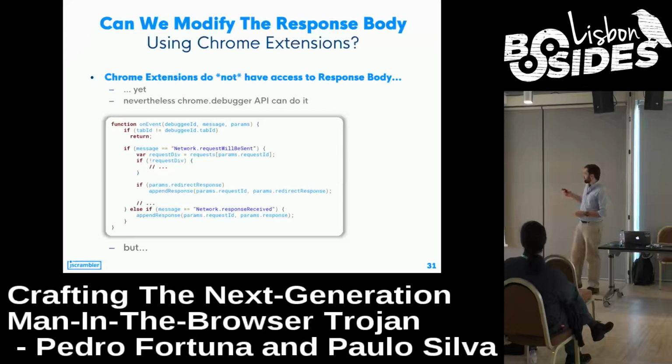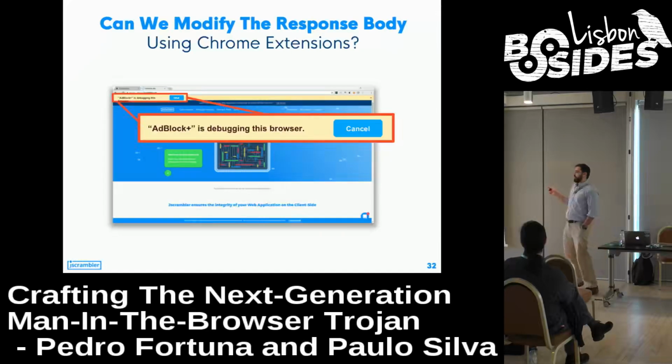Chrome extensions do not allow it, okay? Cool. Maybe we can think that this is a security strategy, but there's a feature request to allow it, and the guys are just taking longer because they are concerned about performance. So soon we will also be able to change the response body.